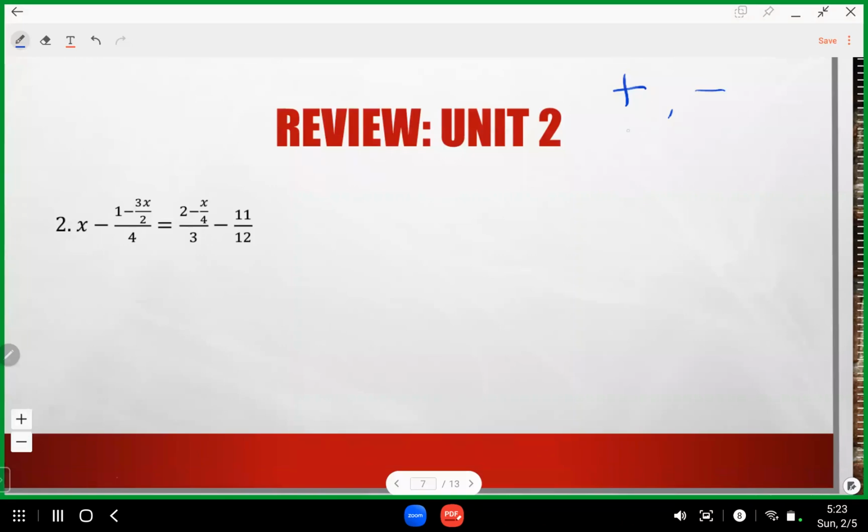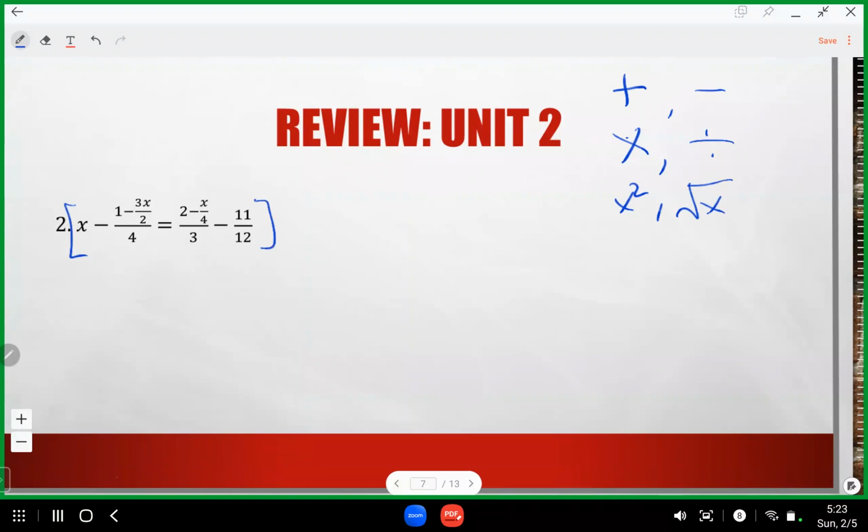Now tell me, what is the inverse operation of multiplication? Just division, right? And for example, if you have x squared, that's going to be square root, right? So it's very easy.